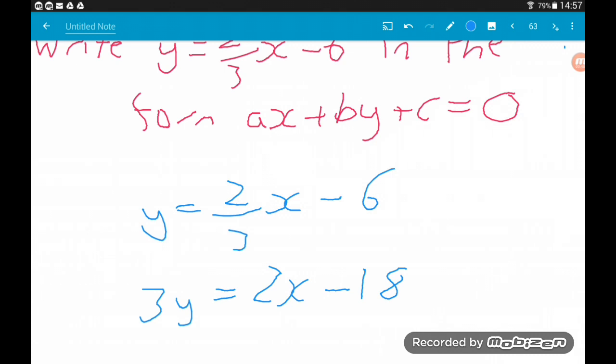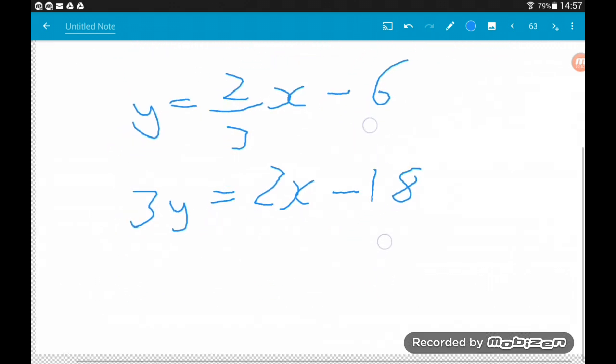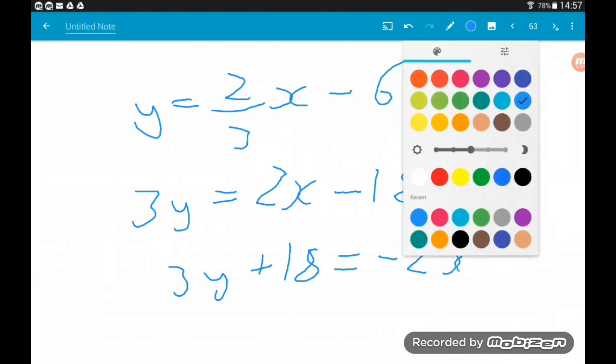So let's get rid of the fraction. Everything is now integer. Good times. If we add the 18, 3y add 18 is 2x. Not sure where that minus came from.